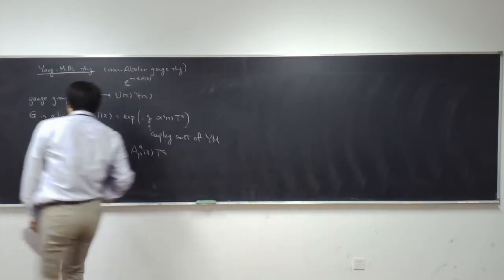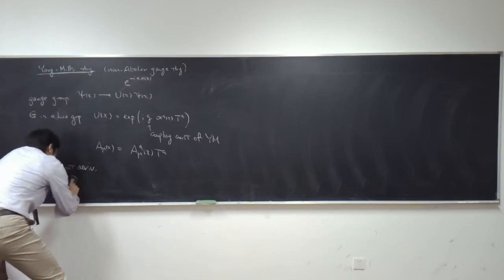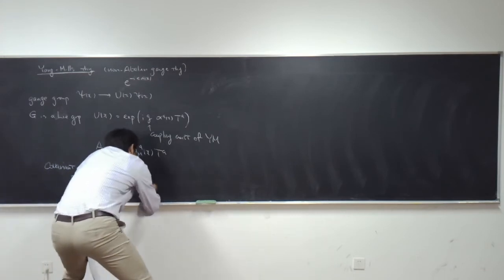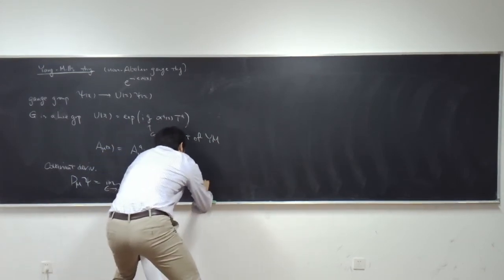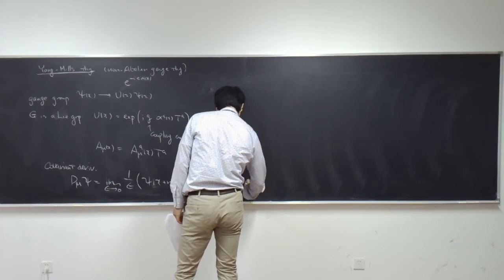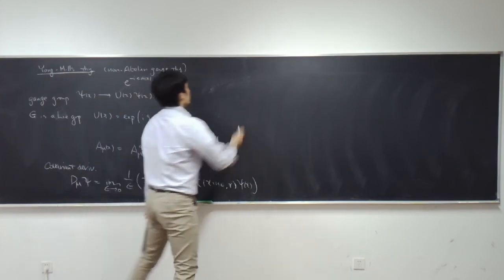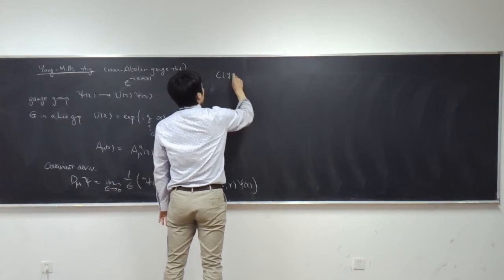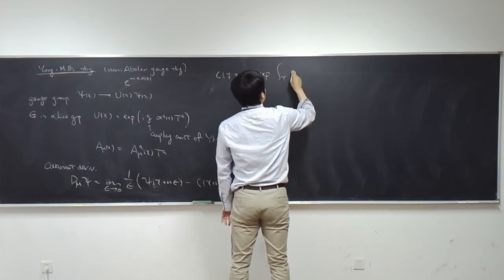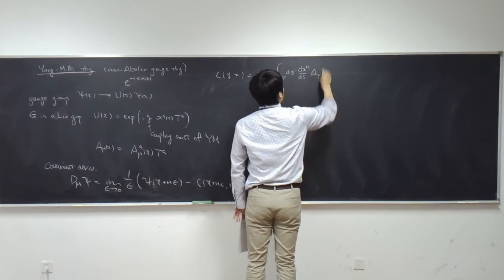Covariant derivative: D_mu psi is the limit as epsilon goes to 0 of 1 over epsilon, times psi(x plus n epsilon) minus C(y, x) psi(x). Here C is a Wilson line, which we introduce, where C(y, x) is the exponential of the integral over the path gamma of dx^mu.